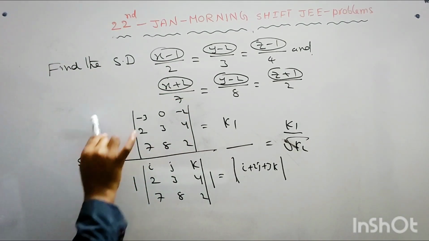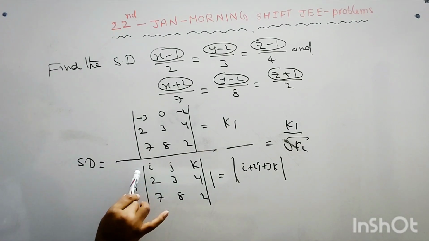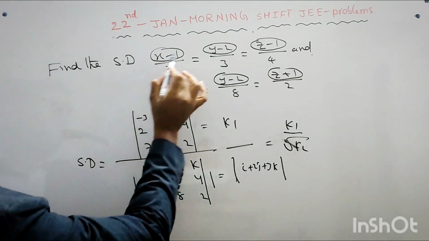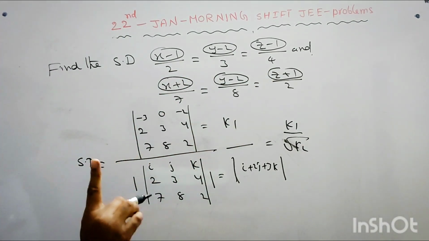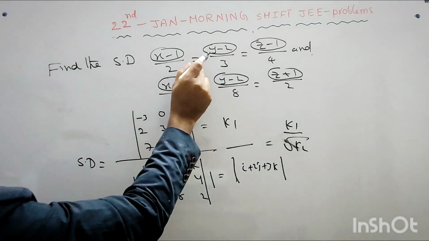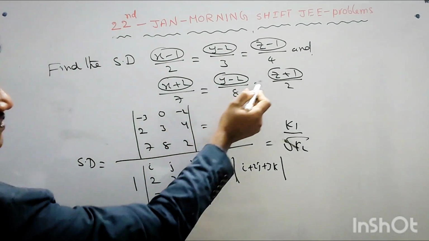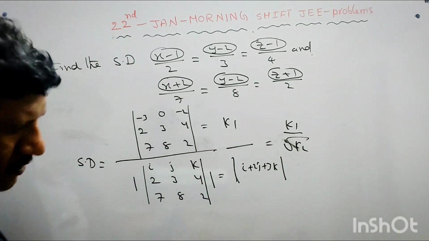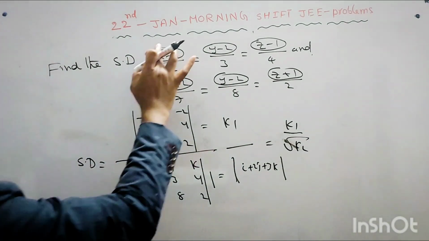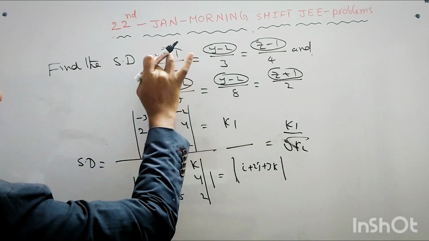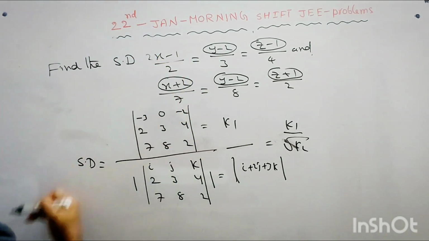But before applying this shortcut formula, x, y, z coefficients should always be 1. Coefficient of x, coefficient of y, coefficient of z should be 1 compulsorily. Even in the second line also, x, y, z coefficients should be 1. For example, here 2 is there. Then what we should do?